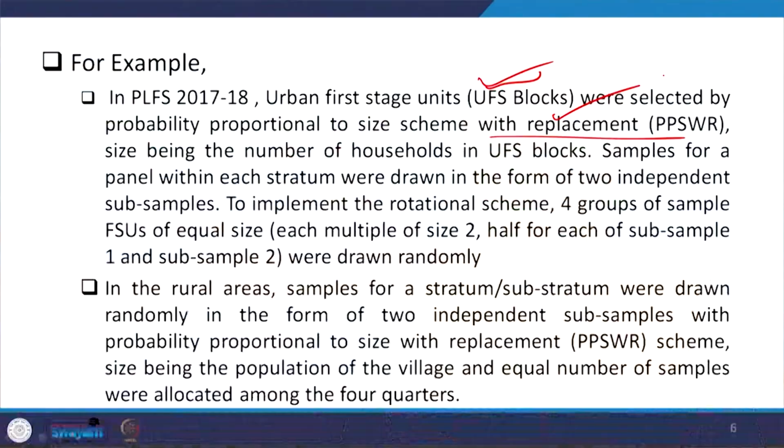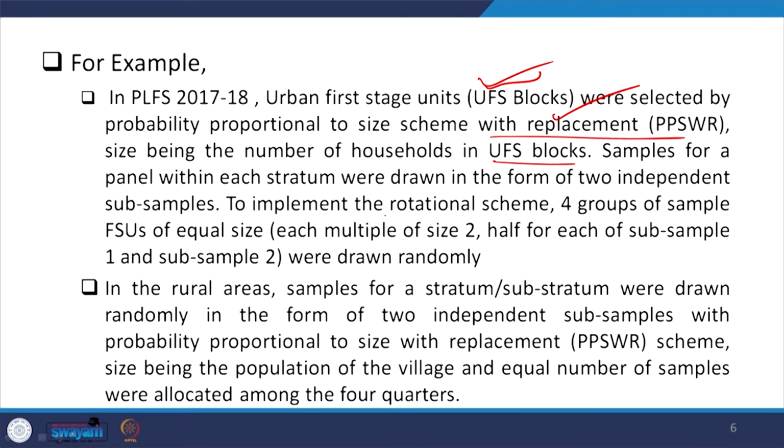They followed urban first stage units with a probability proportional to size scheme with replacement, size being the number of households in UFS blocks. Size, as we have already said, is basically the population. The sample for a panel within each stratum was drawn in the form of two independent subsamples.